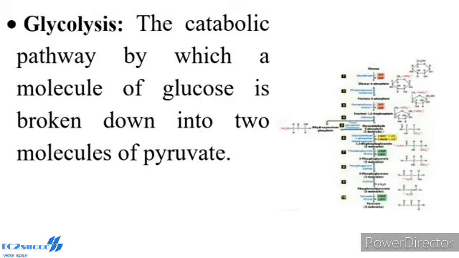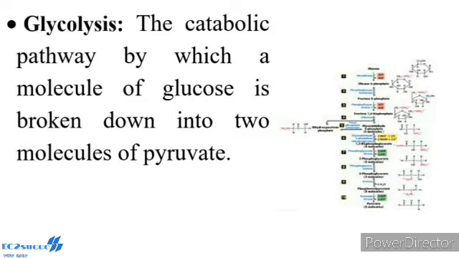Another one, glycolysis. The catabolic pathway by which a molecule of glucose is broken down into two molecules of pyruvate. Glycolysis is also called the EMP pathway because it was discovered by three German scientists, Gustav Embden, Otto Meyerhof, and J. Parnas.